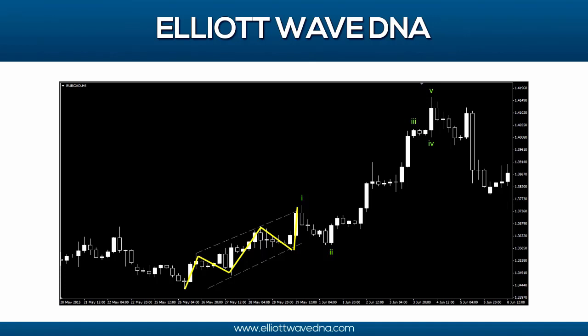But for now, you just need to say you have a 5-wave move, and that's good enough for me. After that, we are watching for a 3-wave pullback in wave 2 that we can spot on the same time frame, and after a 3-wave move in wave 2, we are looking for 5 smaller waves inside of wave 3.